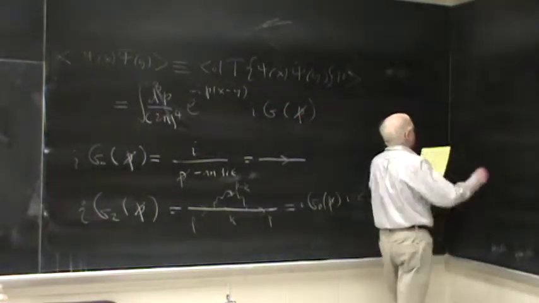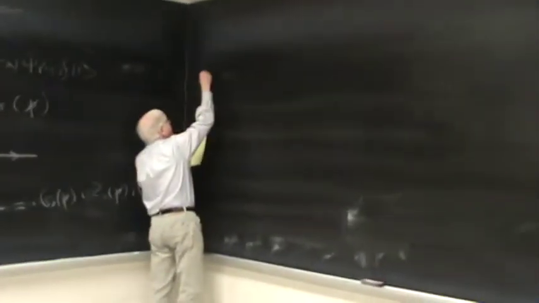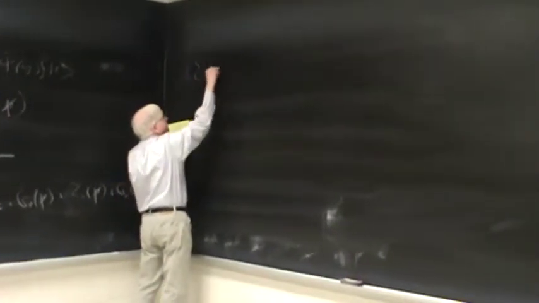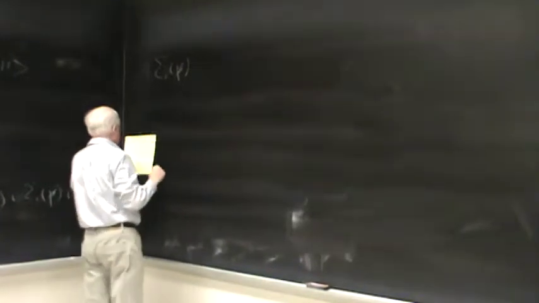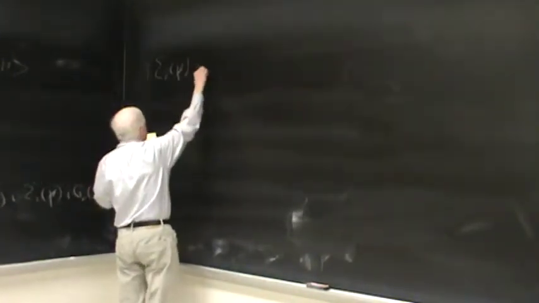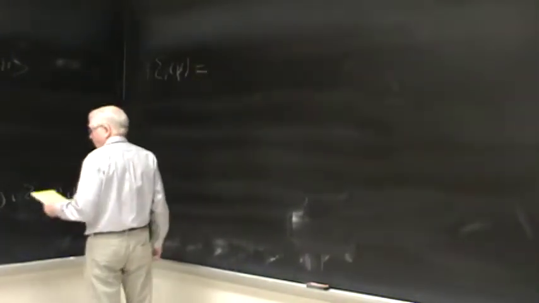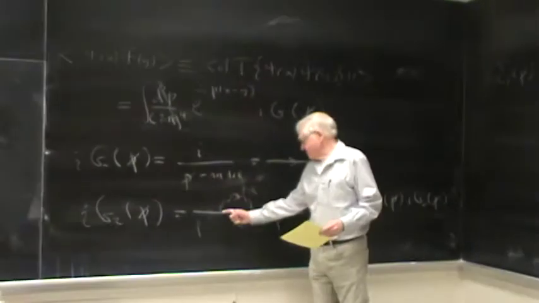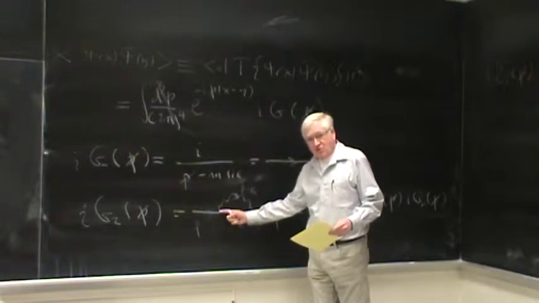And so I'll write it here, i sigma 2 of p slash is, well, it was a minus ie at each of these vertexes, a gamma mu here.